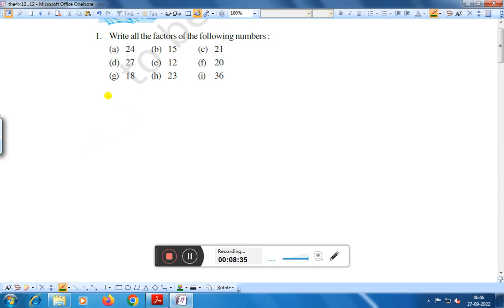Now question number F. We have to find the factors of 20. We can write 1 into 20 is equal to 20. Right? With 2, that is 2 into 10 is also 20.